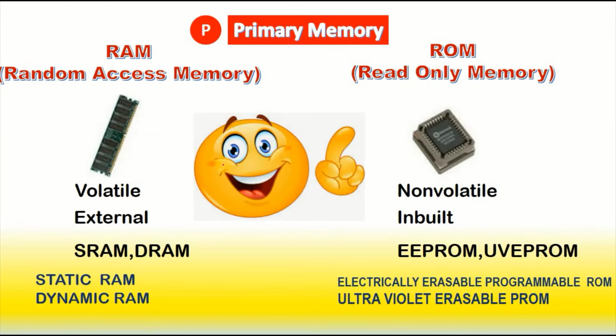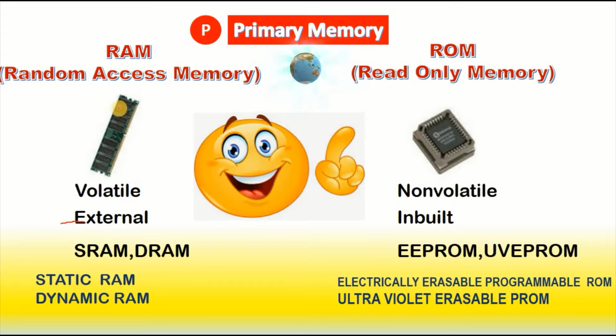Now it's one of the most important and most basic questions in any type of examination. What is the difference between RAM and ROM? Basically, you look, they look different. RAM is external, that means it is not inbuilt in the motherboard. It is external memory.